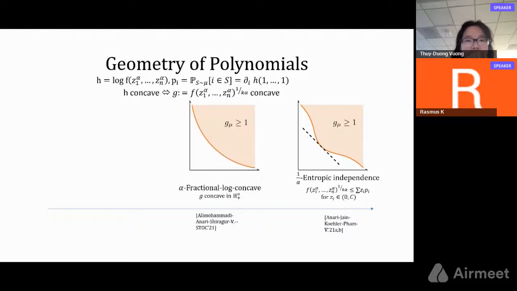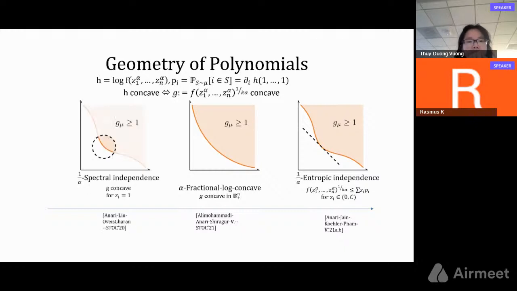And fractional log concave is equivalent to the fact that g is concave. So it's equivalent to having this tangential bound at every point of the positive orthant. So it's clear from this formulation that fractional log concave is stronger than entropic independence.